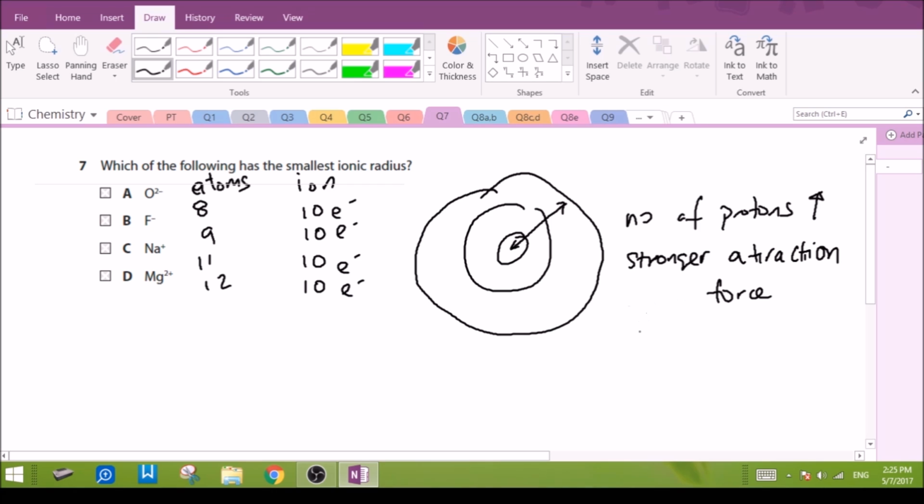The stronger the attraction force, they will be pulled closer inwards towards the center. That means the radius will be smaller. So we have to look at which one contains the largest number of protons. That will be magnesium. Magnesium has the largest number of protons. It will pull the electrons closer, so the radius of the ions would end up to be the smallest.